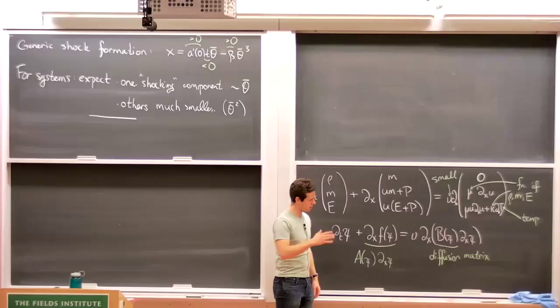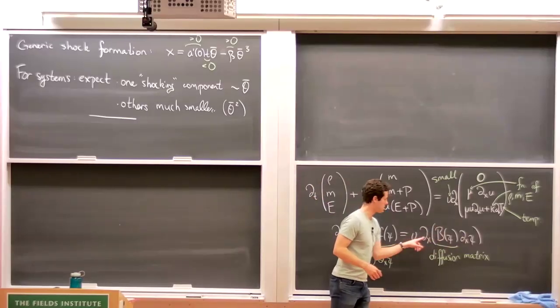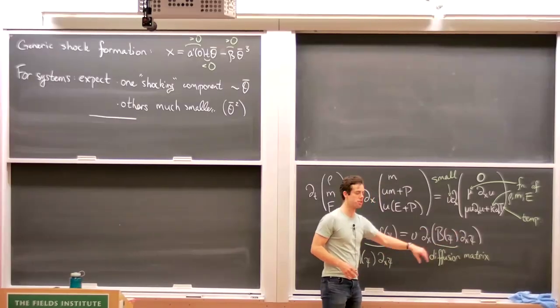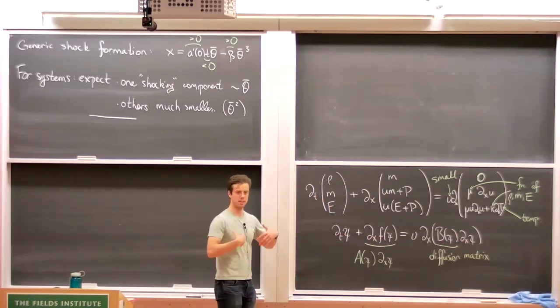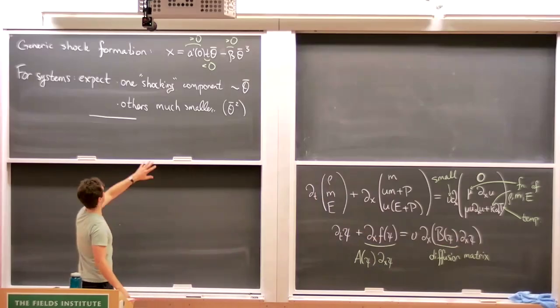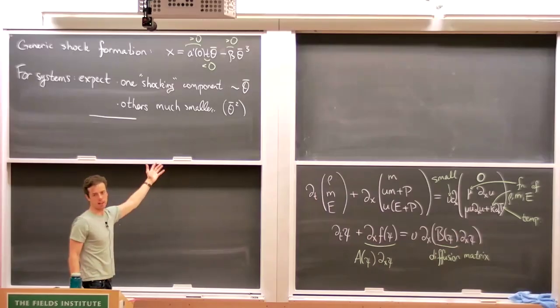Because, of course, if I get too close and I have these super large derivatives, the second derivative is going to be massive. It doesn't matter how small nu is, eventually this is going to be much larger than the advection, and the diffusion is going to basically take over the behavior of the equation. And it's going to render this specific pointwise model relatively inaccurate.